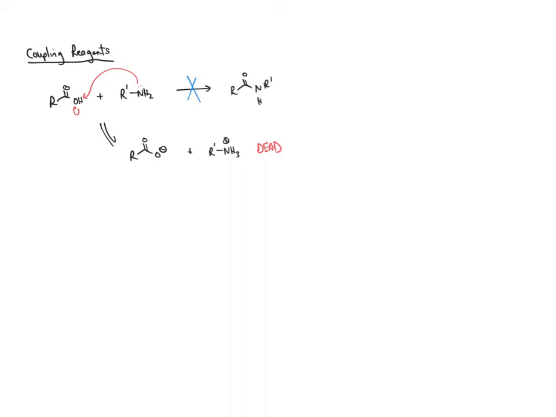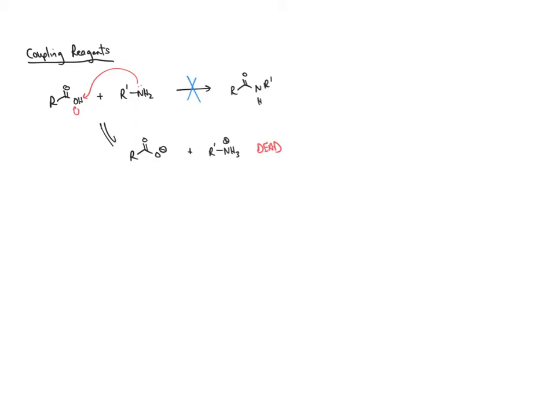And so the amine simply protonates, becomes the ammonium salt, which is not nucleophilic, and the carboxylate becomes negatively charged, very electron rich, and so it's not electrophilic. Now we could convert the carboxylic acid into an acid chloride, but larger, more complicated structures might not behave well under the thionyl chloride or oxalyl chloride conditions.